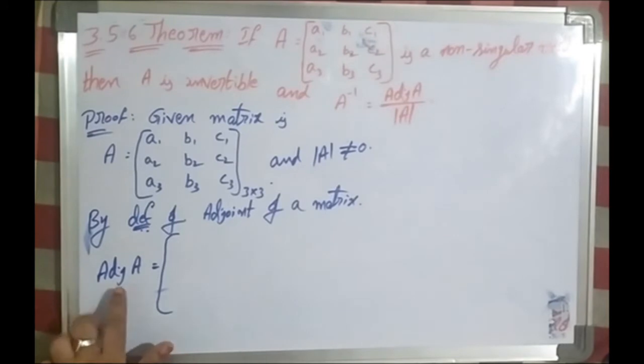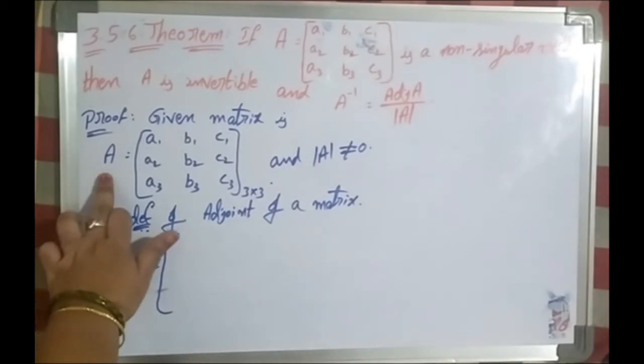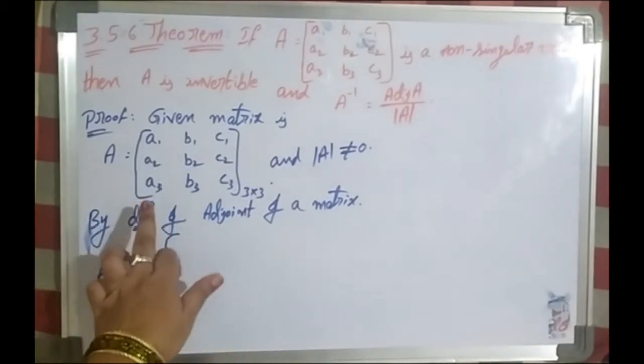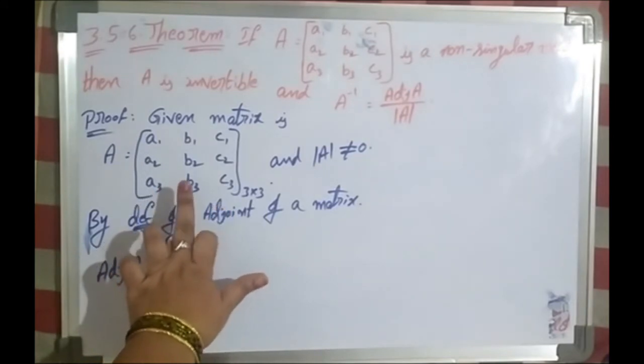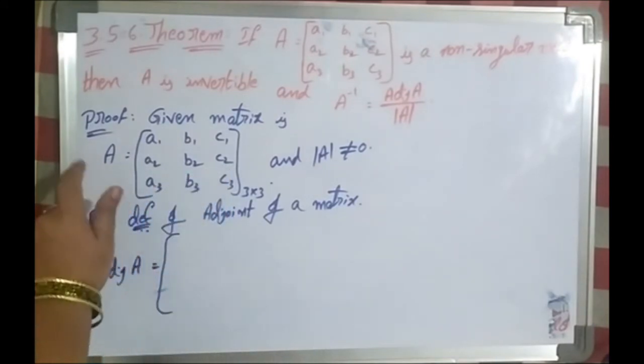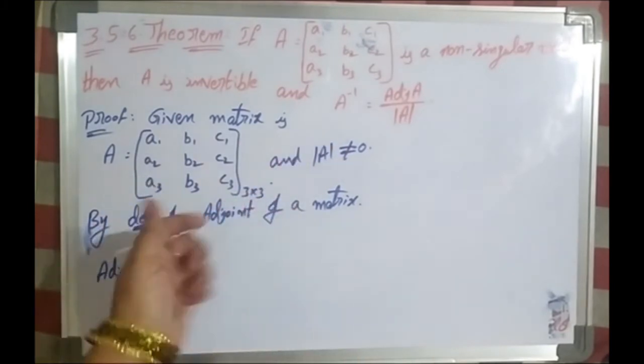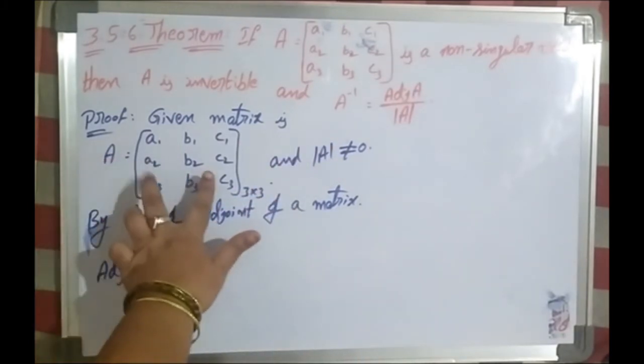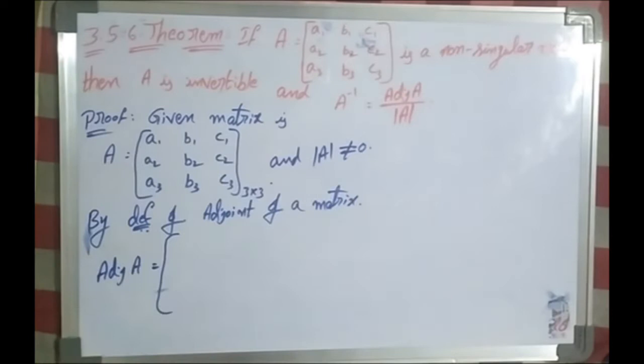Adjoint of A means the transpose of the matrix formed by the cofactors of A. That means first we have to find the cofactor matrix of A and then transpose it.